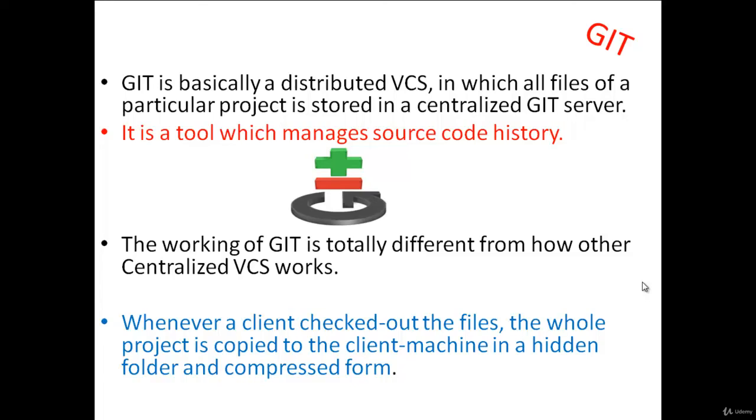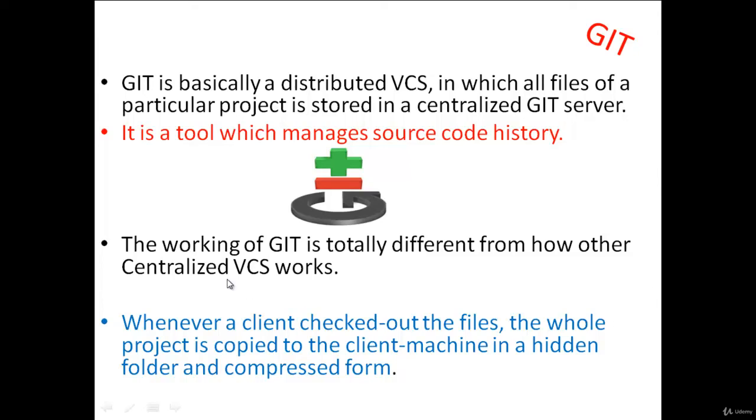It is going to track whatever changes you make in your current project, or whatever new things you implement. So even if you add two lines of statement in your project code, that as well will be tracked by the Git software itself, right?